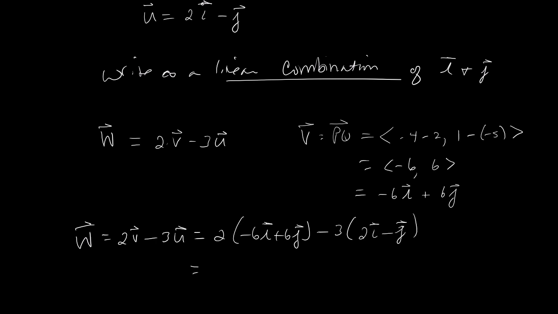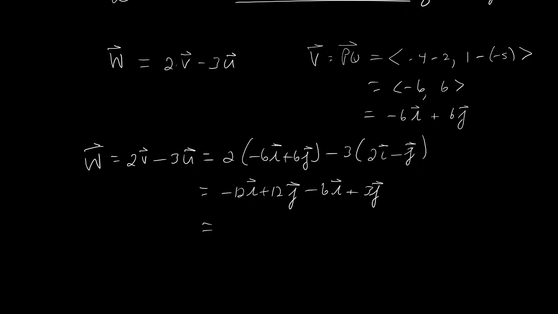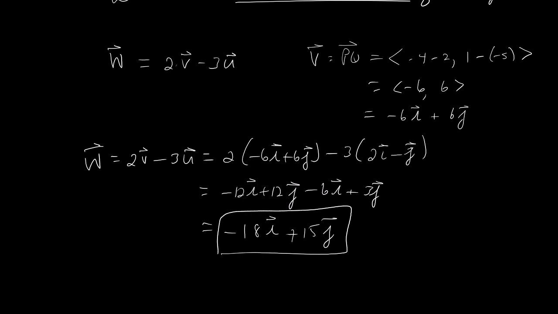That's -12 in the i direction plus 12 in the j direction minus 6 in the i direction plus 3 in the j direction, giving us a grand total of -18 in the i direction plus 15 in the j direction. And there we have it as a linear combination of i and j using those standard unit vectors.